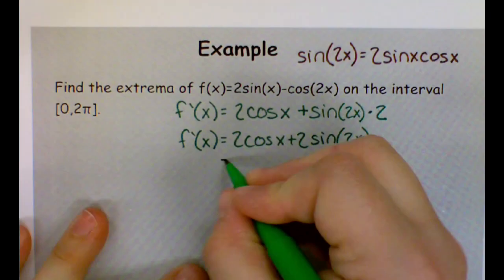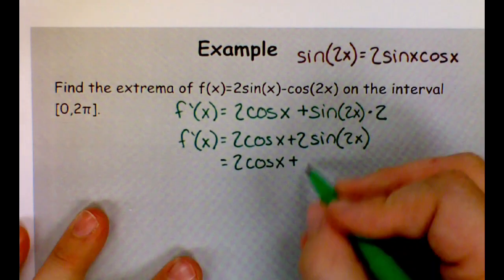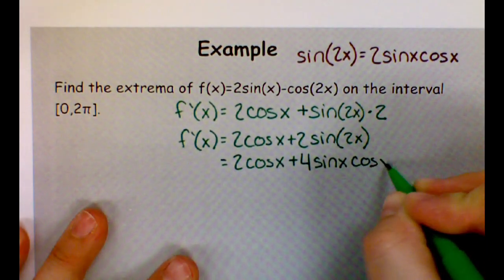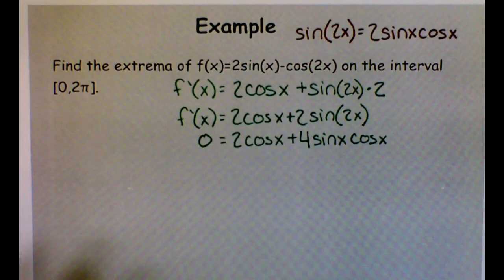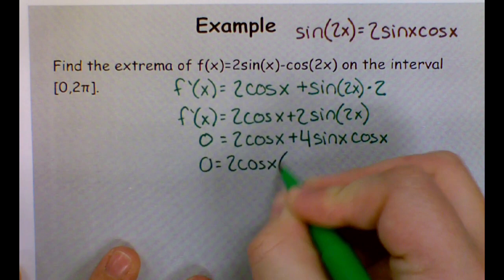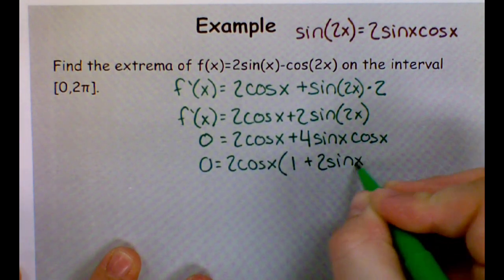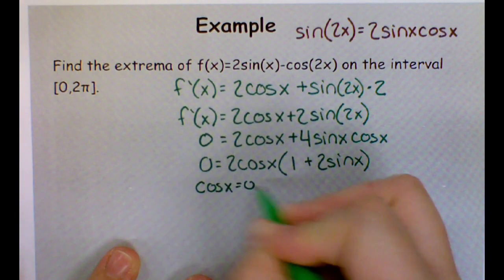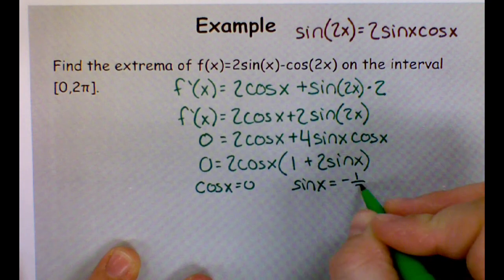So I'm going to replace that: 2 cosine of x plus, well, 2 times 2 makes it 4 sine of x cosine of x. And I want to know when it's equal to 0. The reason for doing that is because now I can factor out a 2 cosine of x, and I have 1 plus 2 sine of x. So that means the cosine of x was 0, or the sine of x was -1/2.